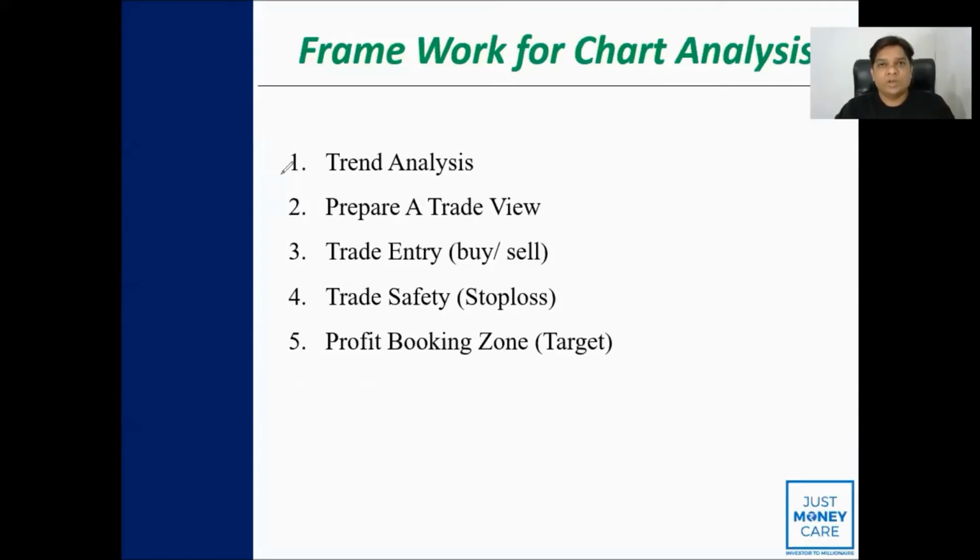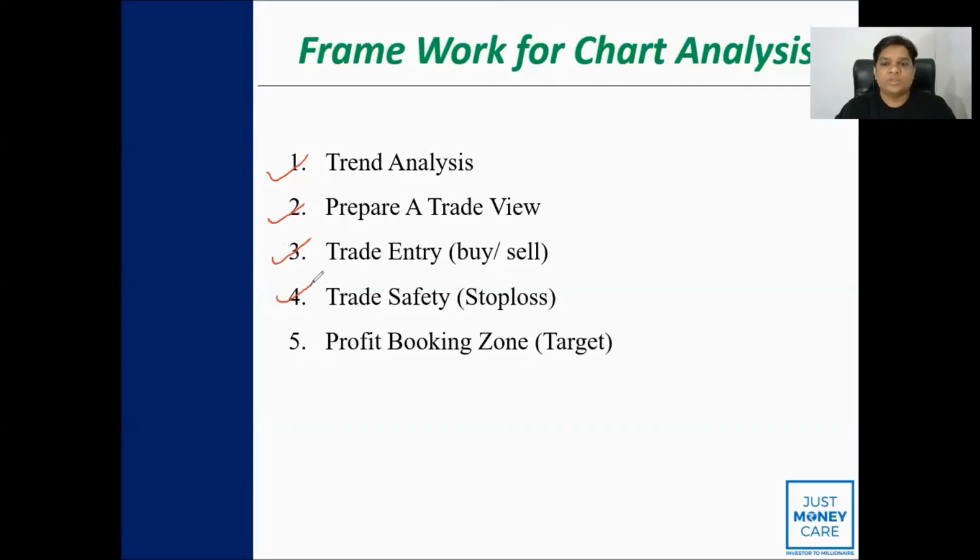In the framework of chart analysis, you first need to understand what the trend is, and there are two trends you need to trade as a beginner: uptrend and downtrend only. So what are the possible trades? Buying in an uptrend and selling in a downtrend. Very simple. For your trade entry, if you are buying, always buy at a support level in an uptrend, and if you are doing short selling, always short sell in a downtrend at a resistance zone.